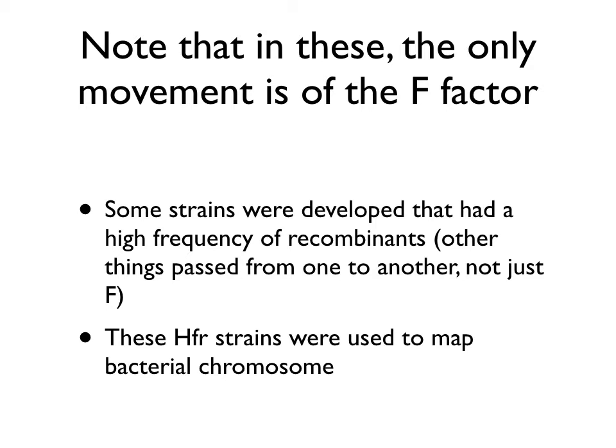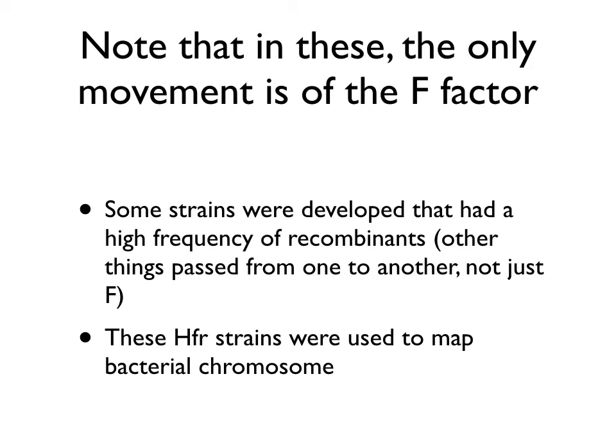So these cells were classified as high frequency recombinant cells, so HFR, and these strains were used to map bacterial chromosomes to get an idea of what else is on the bacterial chromosome and what is the order of all of these things on bacterial chromosomes.